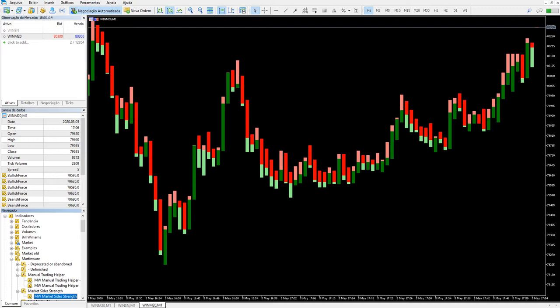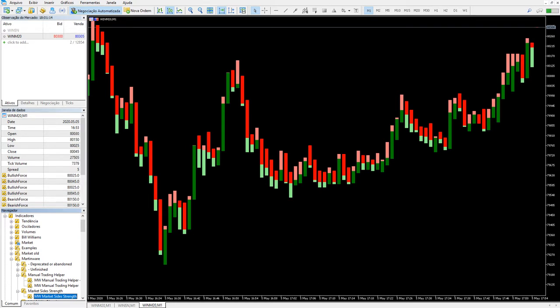One for a stronger, a more considerable seller force, and one weaker, and also the same thing for the buyers. Here I have a red and an almost pink for the sellers, and strong green and light green for the buyers.